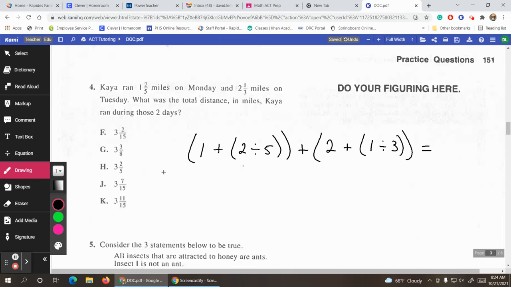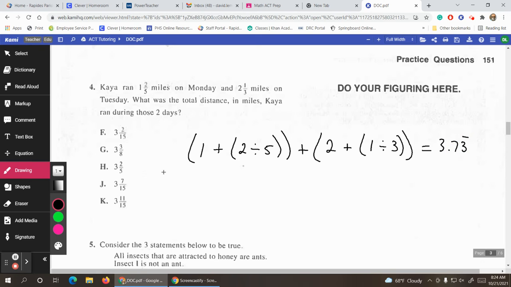My calculator walked off. You would get an answer of 3.7333333, right?